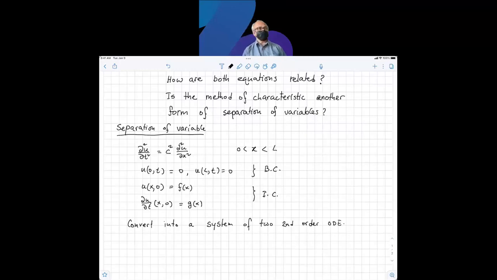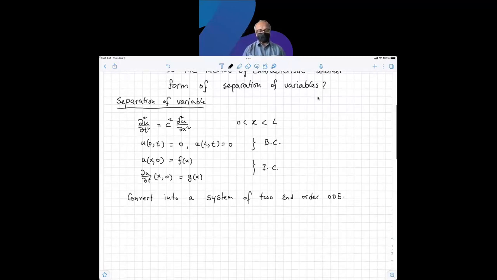That's the difference between the heat equation and the wave equation. For the heat equation, we converted to a system of first order ODE, which we did not write down because we can solve it analytically, and then we just wrote one equation. This time, because both equations are second order, we cannot solve the time part analytically. So we will have to do a little bit of a trick here.